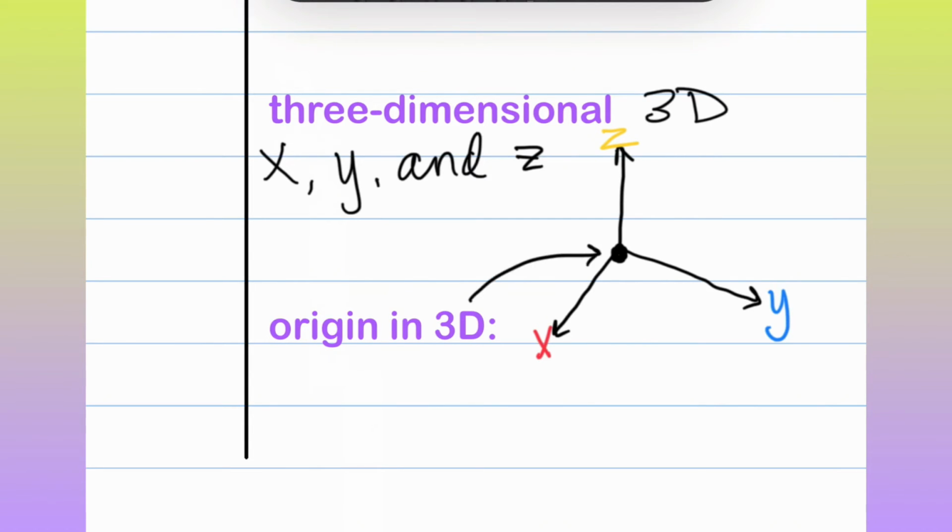And then that intersection point is our origin, just like it was in just X and Y. Same thing, X, Y, and Z, 0, 0, 0. Now I'm going to add in some dotted lines here, which you may remember from some of the other examples. These just represent the negative parts of each axis.